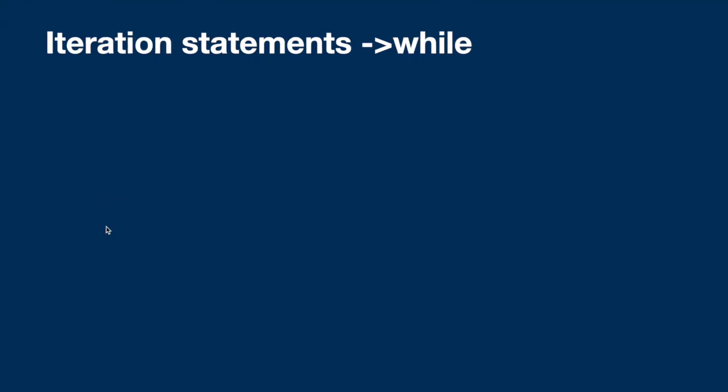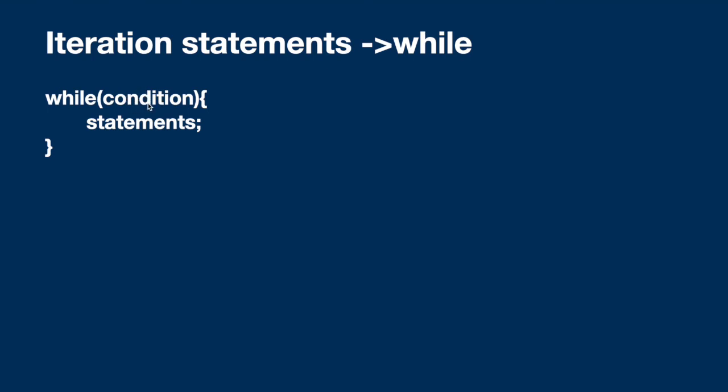Okay, so the other type of statement in Java is iteration statements, and we have, as we have said, while, do while, and for loops. So the while statement is written as we start with the word while, and in parentheses we put our condition.